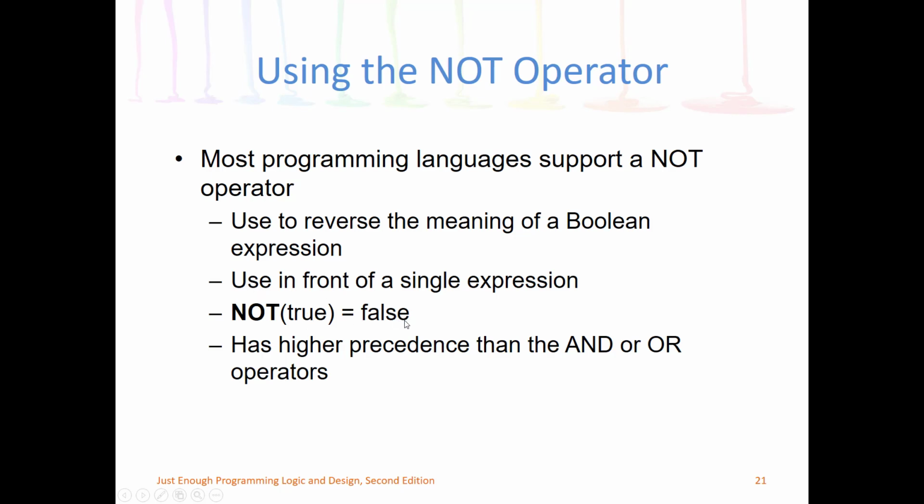So it just flips it. And there's times when you want to do that. If I had not false in here, then it would be true. It just flips the condition. So if I have some expression in here that's true, putting a not over here turns it into false. If I have some expression that evaluates as false in here, putting a not over here evaluates as true. It says it has a higher order of precedence than the and or the or.